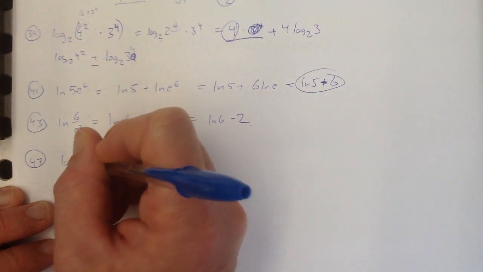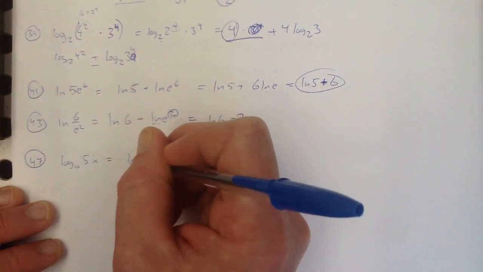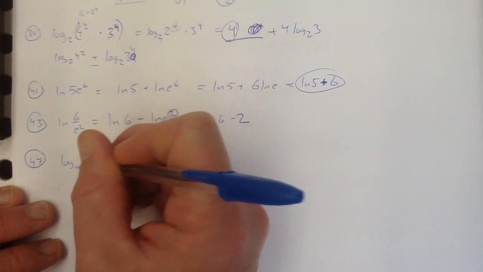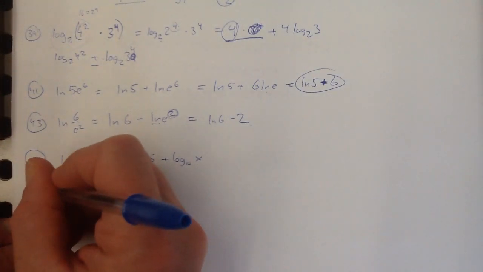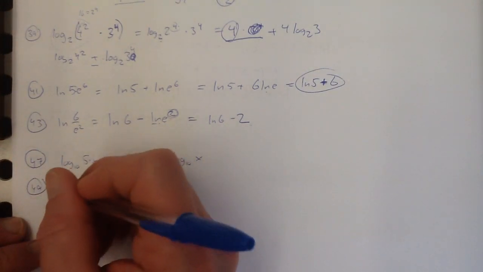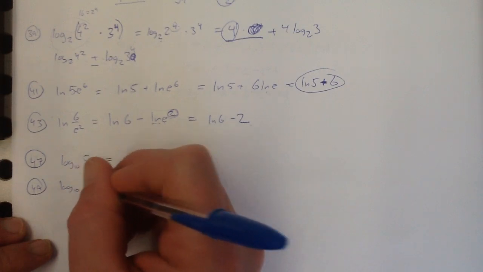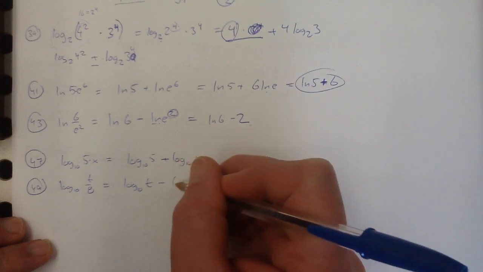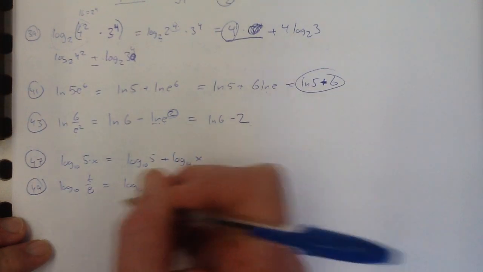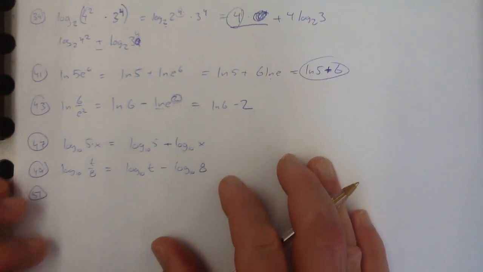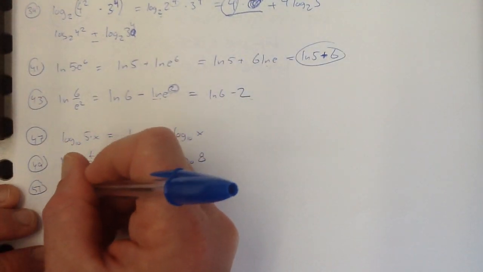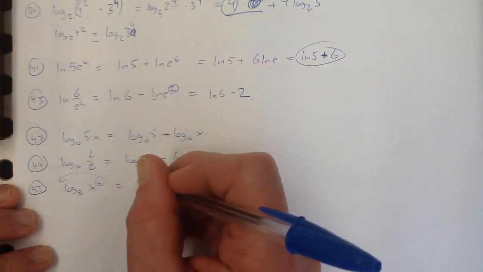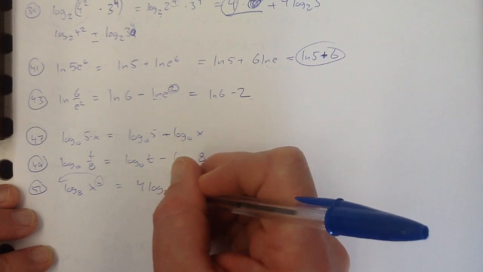Log base 10 of 5 times x is log base 10 of 5 plus log base 10 of x, because multiplication turns into addition of logs. 49, log base 10 of t over 8 is equal to log base 10 of t minus log base 10 of 8. 51, log base 8 of x to the 4th, the exponent can come to the front, is 4 times log base 8 of x.